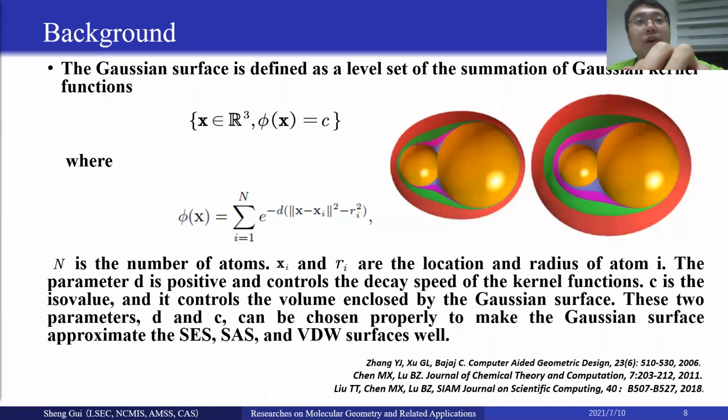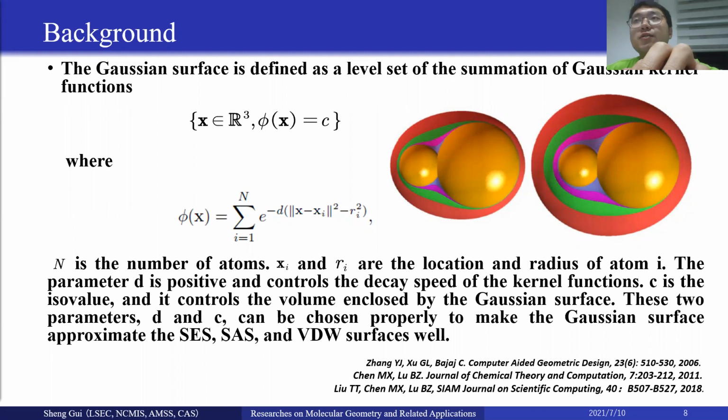Different from the previous definitions, the Gaussian molecular surface is defined as a level set of a linear combination of Gaussian kernel functions. Here N is the number of atoms, Xi and Ri are the location and the radius of atom i. The parameter D is positive and controls the decay speed of the kernel functions.